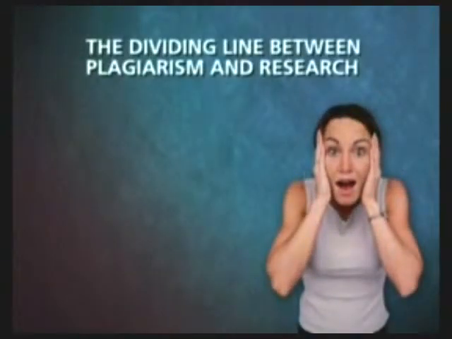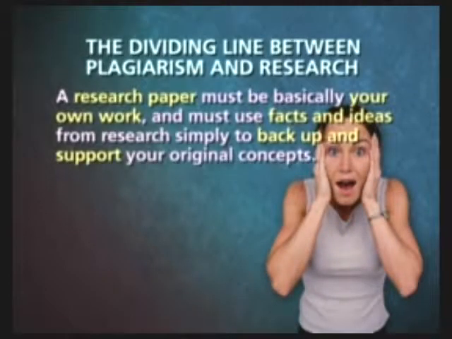Now, in this program and elsewhere in the series, we'll explain the scholarly process for citing sources in detail. But the key concept is to realize that a research paper must be basically your own work and must use facts and ideas from research simply to back up and support your original concepts.